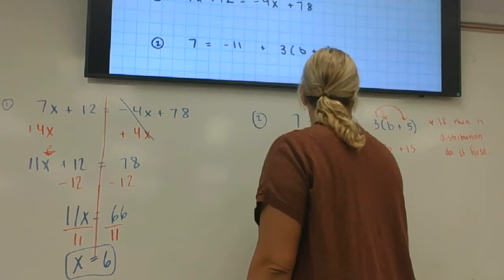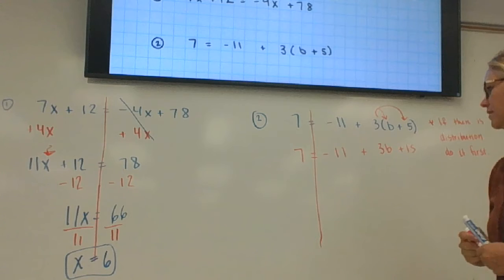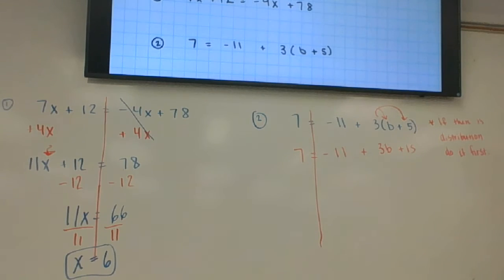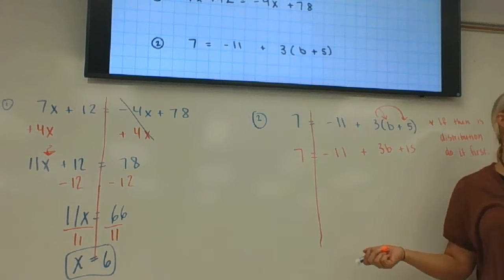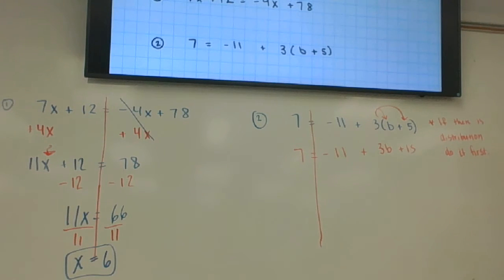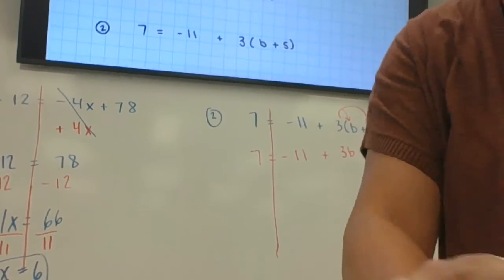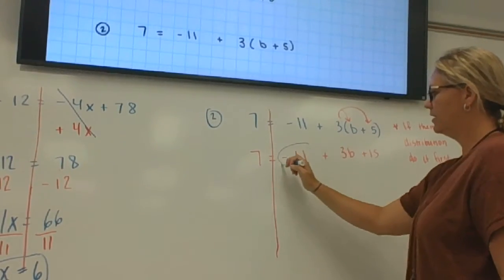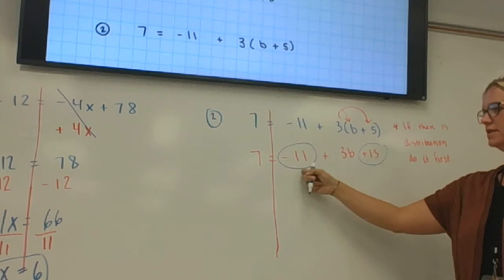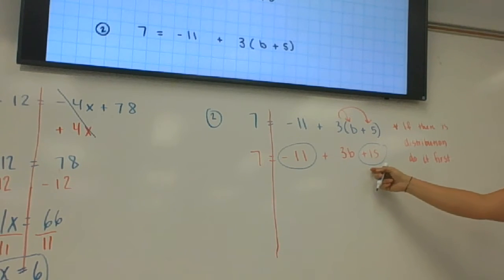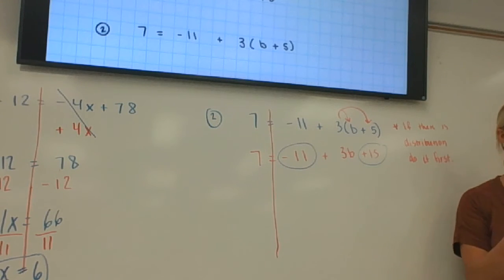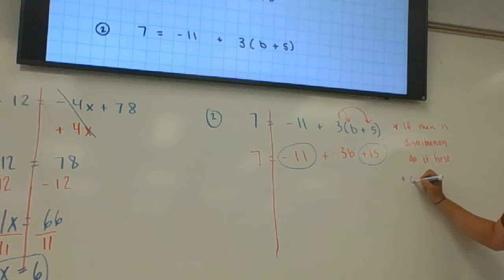And then I'll bring the rest of the problem down. So next, I'm not going to add 11. It's not technically wrong, but best practice next is to combine your like terms. So here and here, these two numbers are on the same side of the line. So we're not going to do opposites, but we are going to combine them. Combine like terms on the same side.